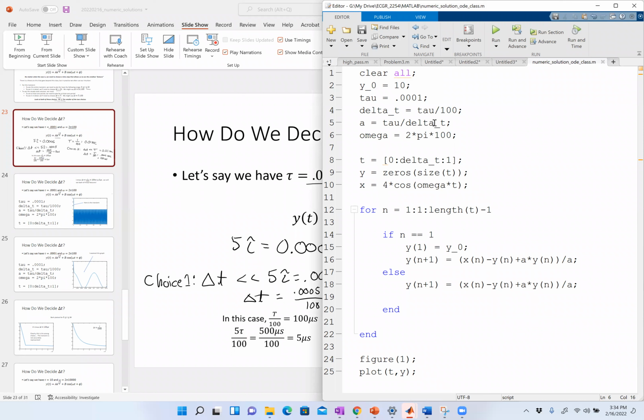Okay, so I'm going to choose that. Choose my delta t to be, let's say, 5 microseconds. Not 5, 100 microseconds. Okay, I'll run this again.